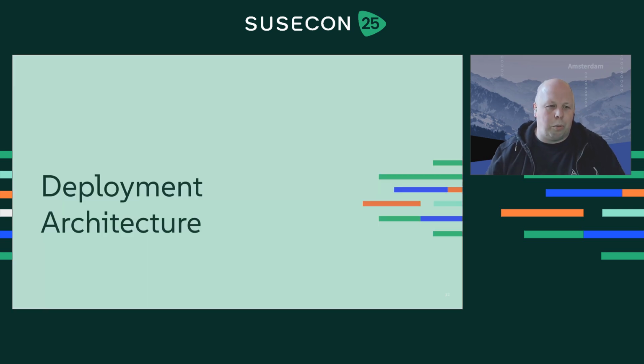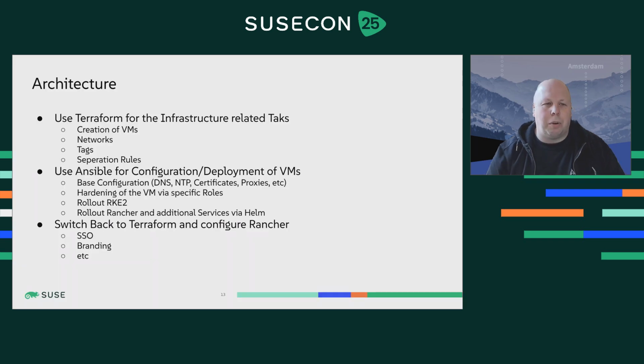And with that, we are now taking a look at our deployment architecture. Well, that's a little bit of a recap that we had previously. So we have the Terraform / OpenTofu for the infrastructure related tasks.